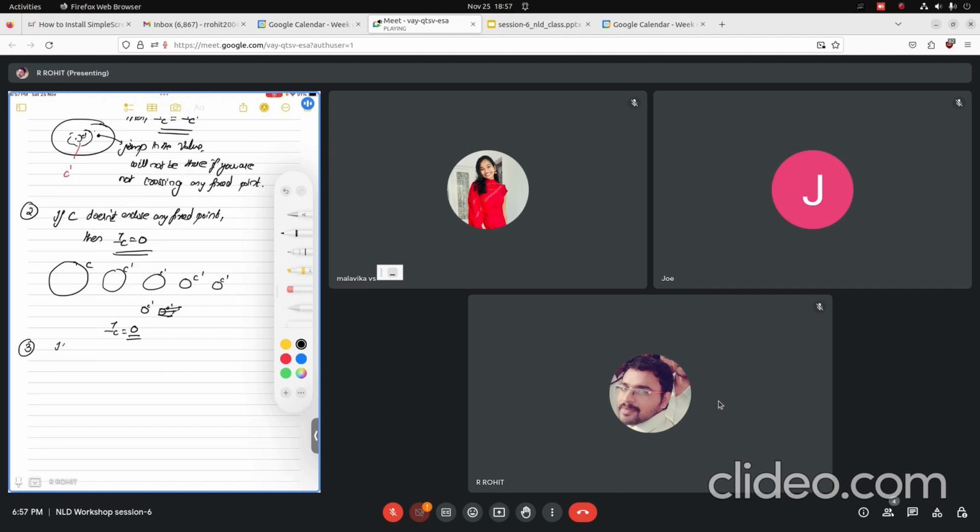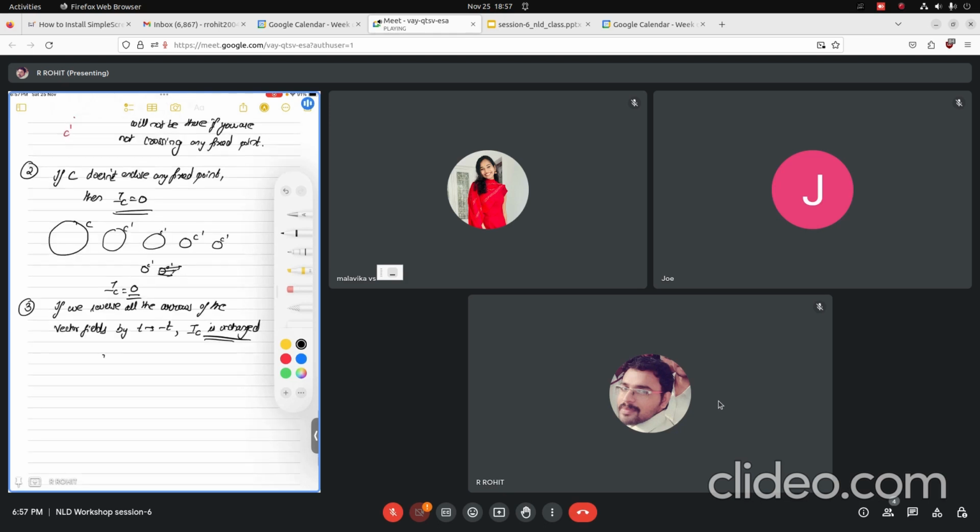And the third one is, if we reverse the direction of the vector fields, reverse all the arrows or direction of the vector fields, say by changing t to minus t, then you can see that the index remains the same. The index is unchanged.